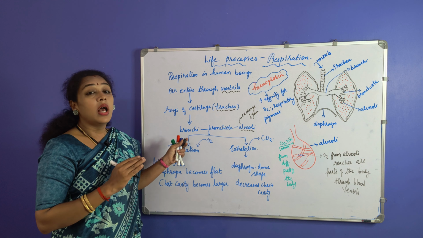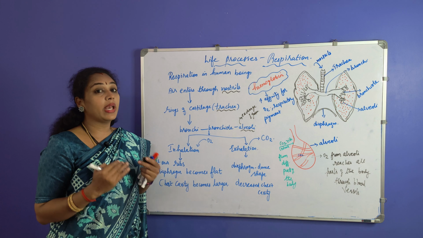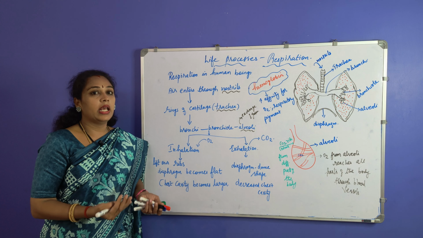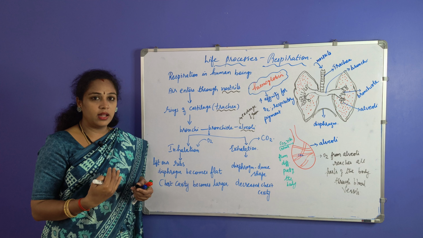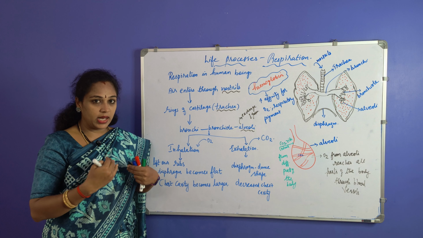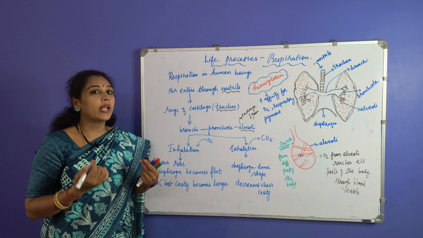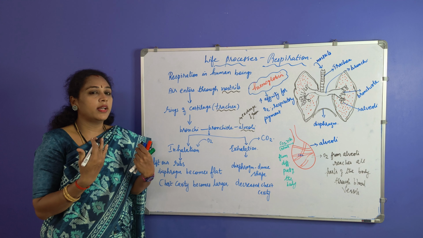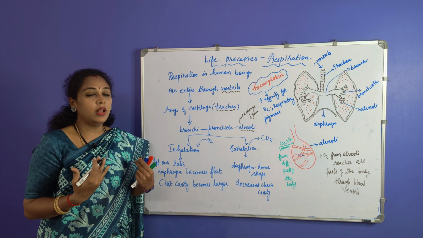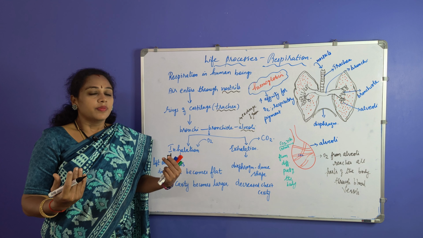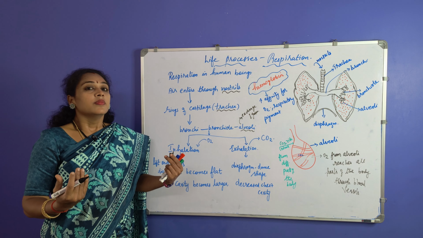But before that, we will see the process of inhalation and exhalation. So when I say inhalation, we breathe in deeply. You can do it yourself and check what changes you feel when you inhale and exhale.